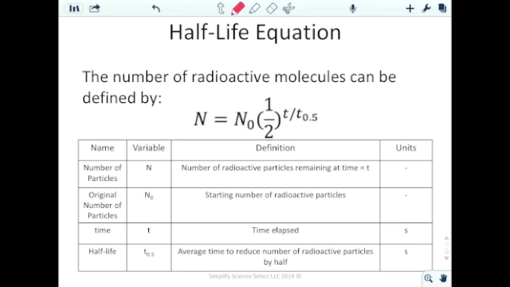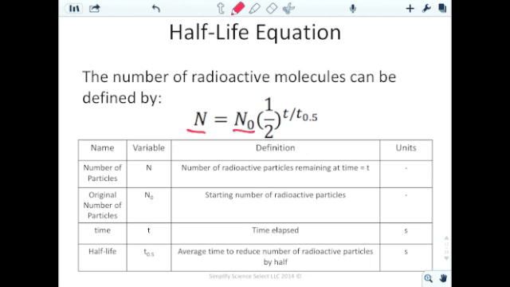Now, the half-life equation that we have, the number of radioactive molecules can be defined by where N is the number of radioactive particles remaining at that time.